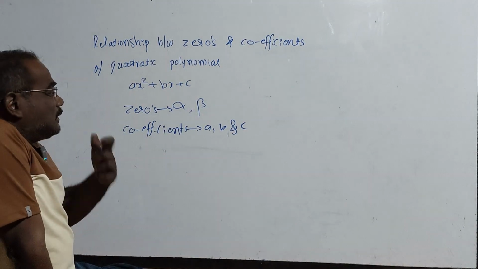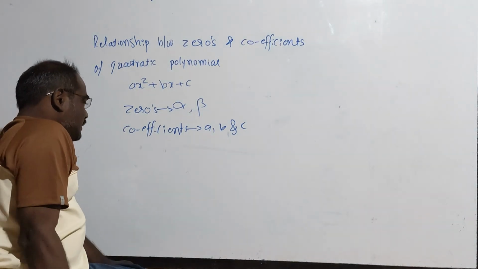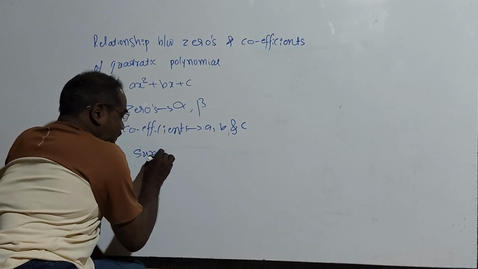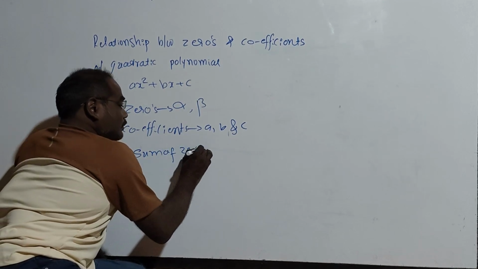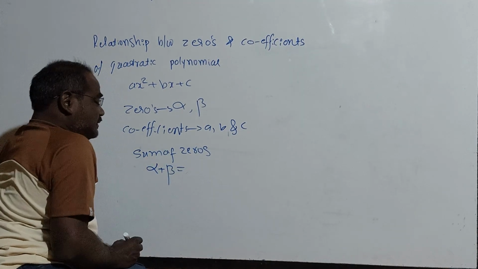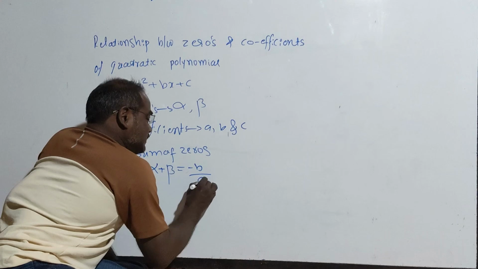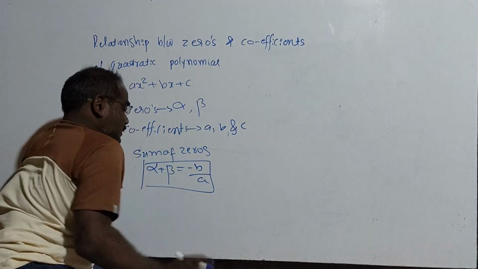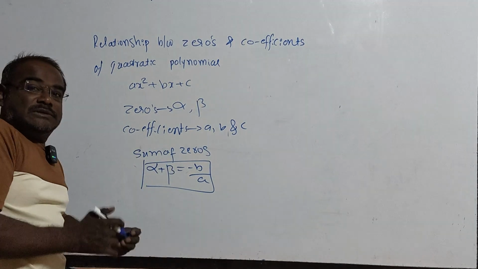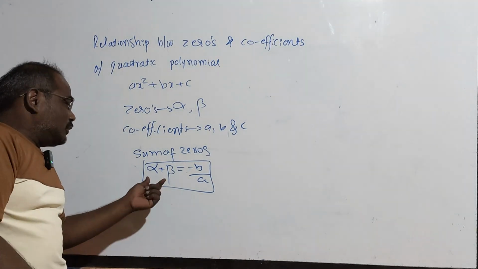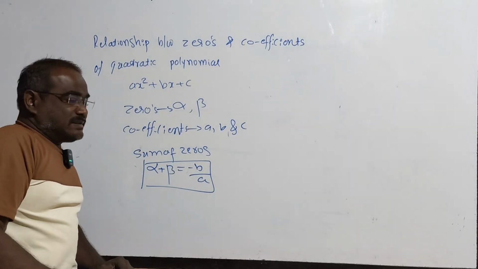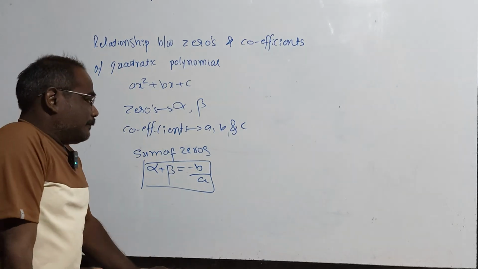coefficients and the zeros. The first relation is sum of zeros. Sum of zeros, that is alpha plus beta is equal to minus b divided by a. This is the first relation. This is sum of roots or sum of zeros. Alpha plus beta is always equal to minus b divided by a.